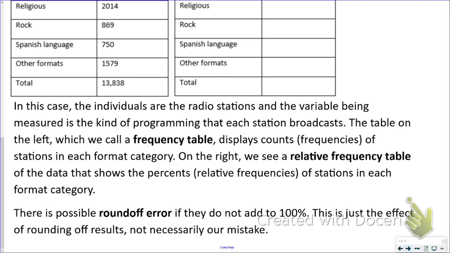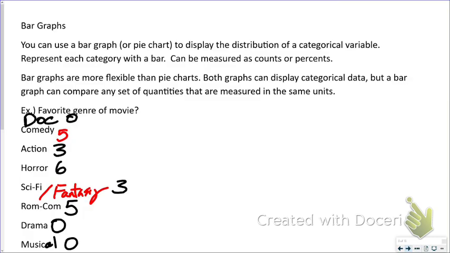All right, next what we did by class was we decided which movie genres people liked. So we started to make a graph, or I thought we could make a graph of this. It'd be a little more interesting than the radio station thing. So this was third period right here.